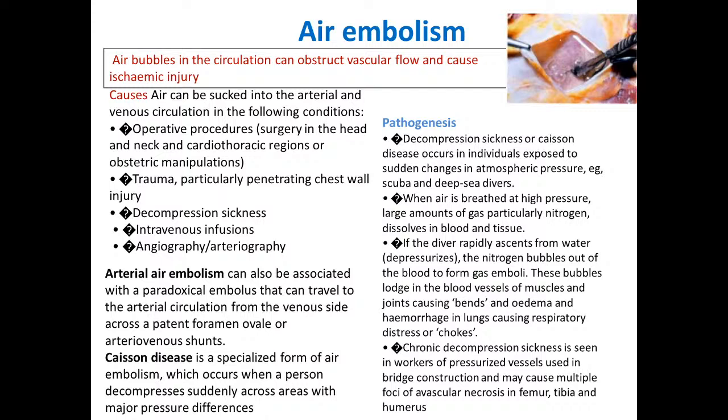When air is breathed at high pressure, large amounts of gas, particularly nitrogen, dissolve in blood and tissue. If they leave rapidly, for instance ascending from water, the nitrogen bubbles out of the blood to form gas emboli. These bubbles lodge in the blood vessels of muscles and joints, causing pain, and edema and hemorrhage in the lung, causing respiratory distress or choking, and chronic decompression.